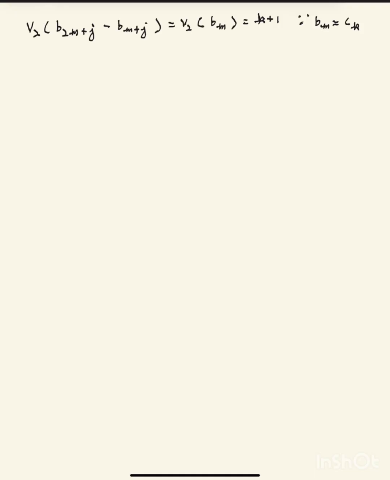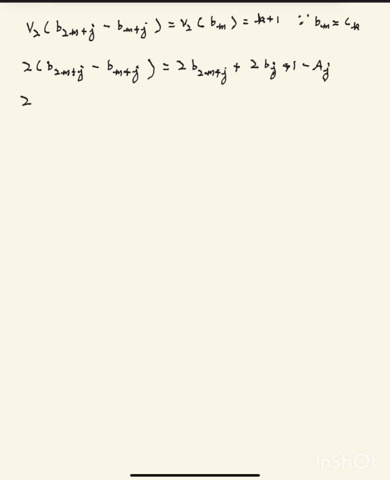Okay, now 2 times b_{2m+j} minus b_{m+j} is equal to 2 b_{2m+j} b_j plus 1 minus a_j.